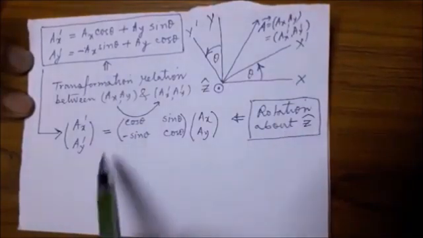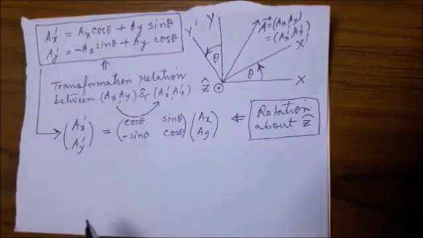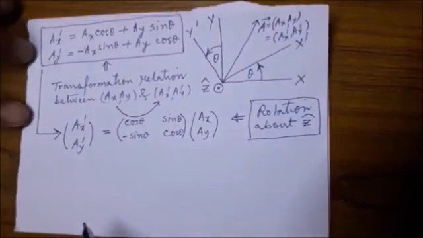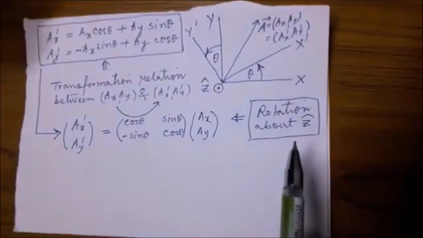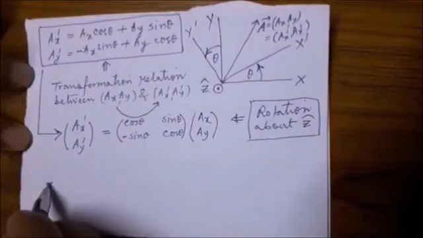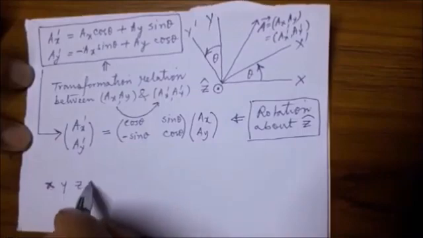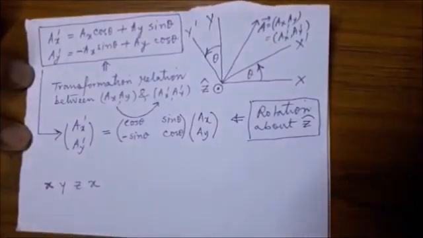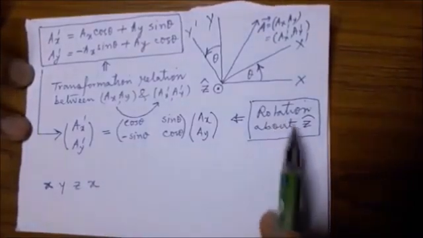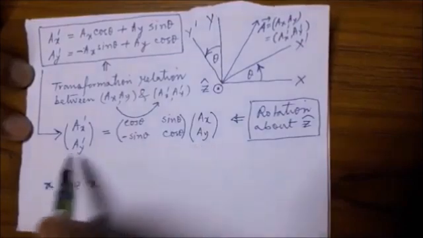Now we can do it from here by finding out how x and z are related. We know the sequence x, y, z, and then x. So this is the sequence. So rotation about z axis gives this transformation relation.